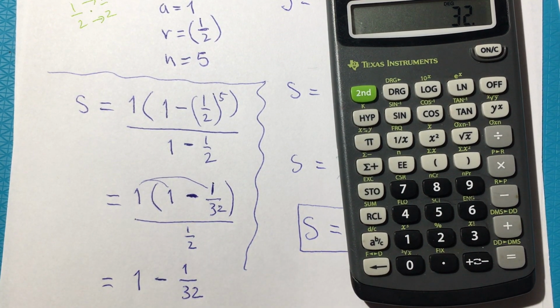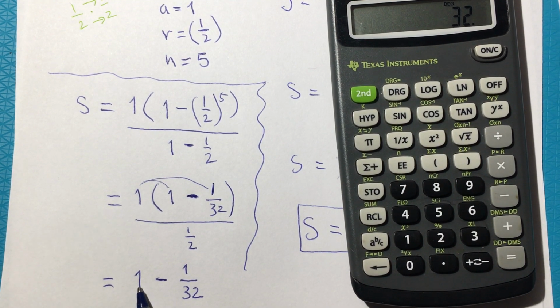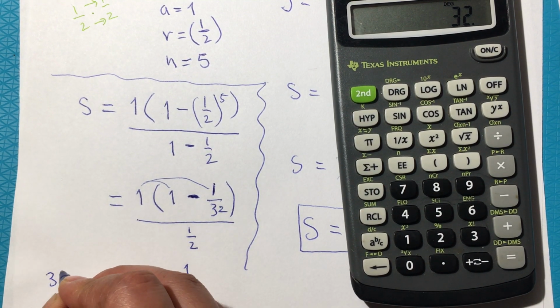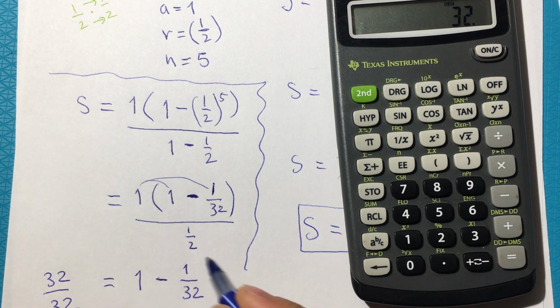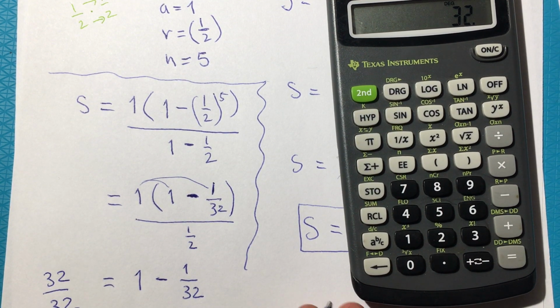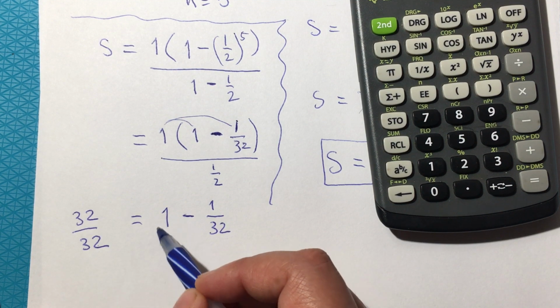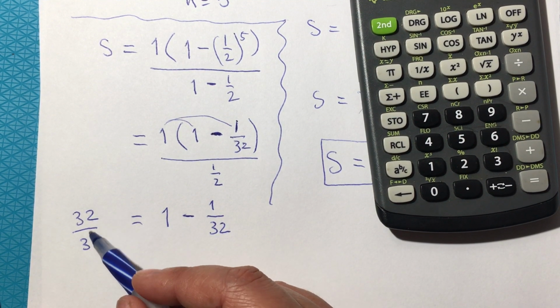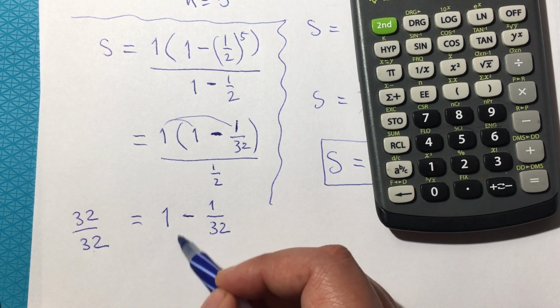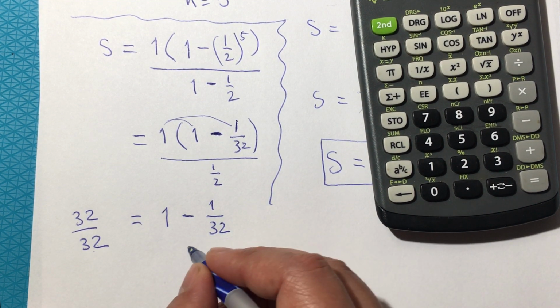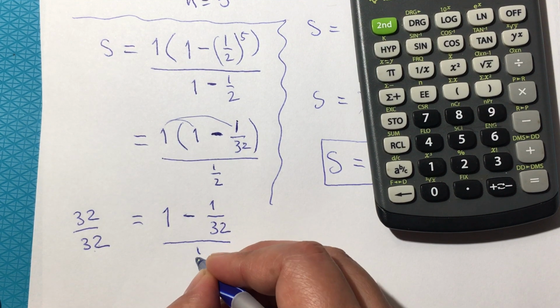Now, some people need to see the work, but when you're taking 1 minus whatever, you just have whatever is left to get to that number. But 1 is the same thing as 32 over 32. We're just getting this denominator and writing in the numerator and denominator for this 1. 32 divided by 32 is that 1 right there. And don't forget the 1/2 in here.